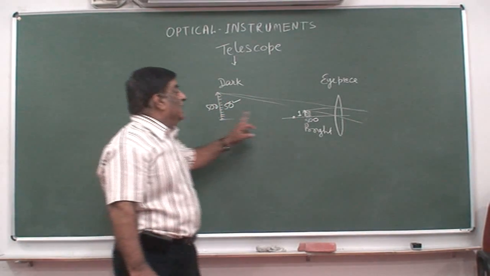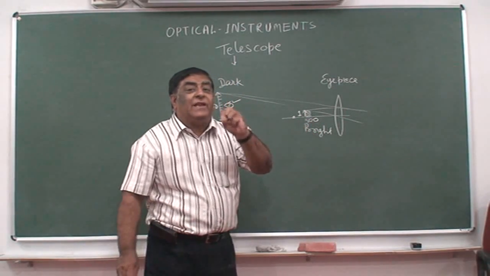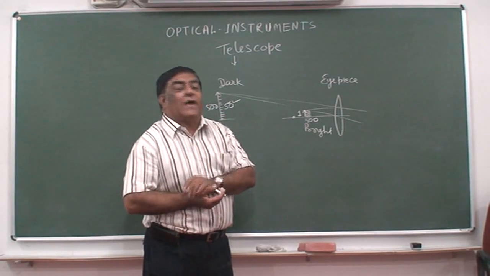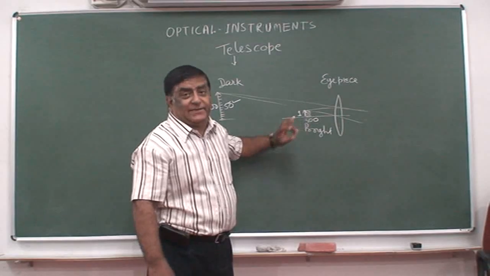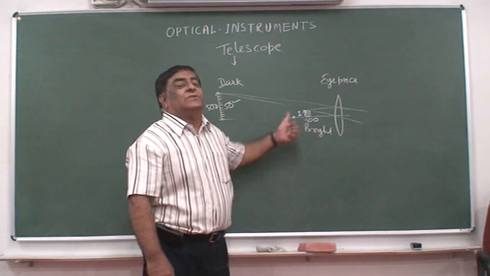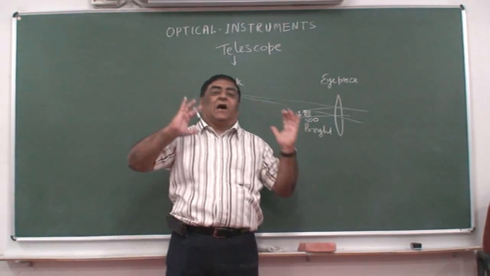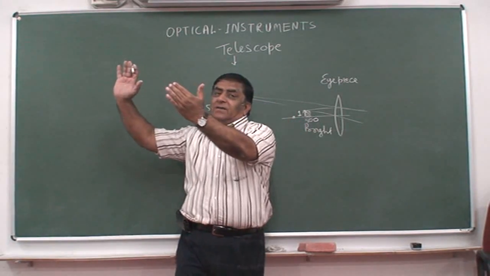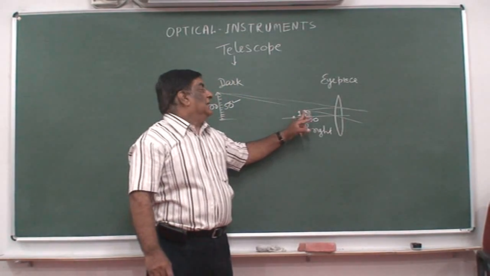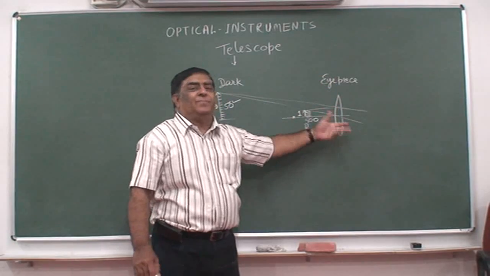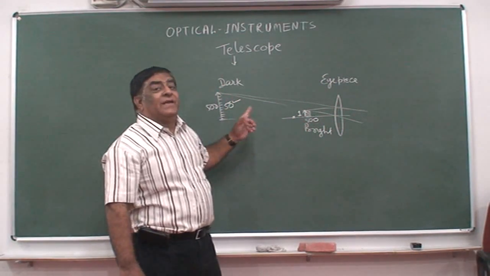But for this, we need this object to have very much light, a lot of rays, very bright. It should be shining. How can this be done? We want to do this for a star. One star we will make an image of. This image should be very bright, and this image we will see through an eyepiece. It will appear to be large. So this is how we make it large.